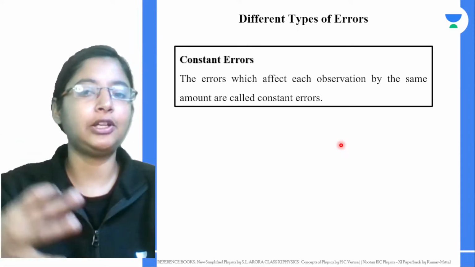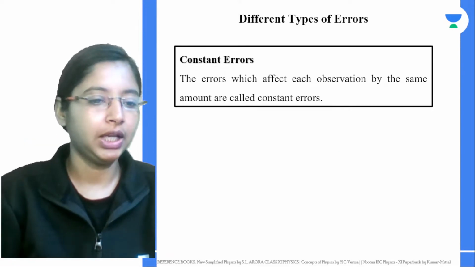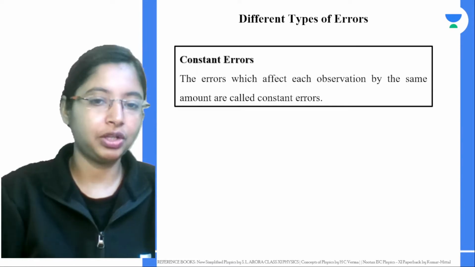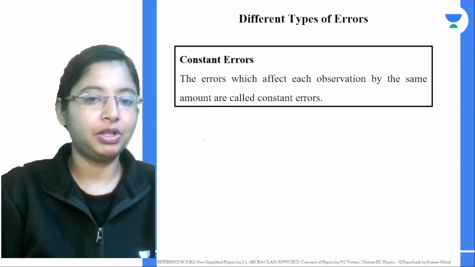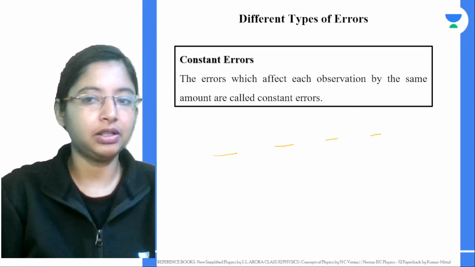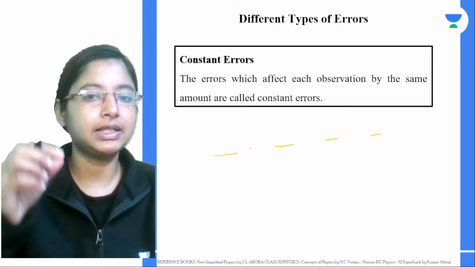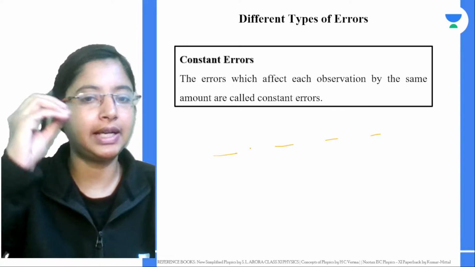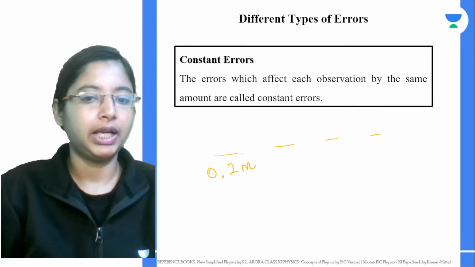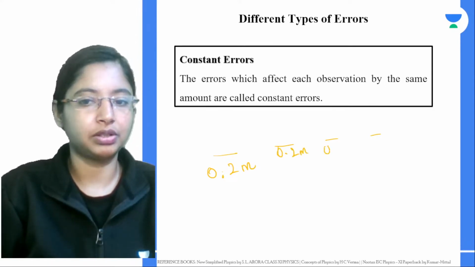All right, now when you're talking about constant errors, let's say you're doing a measurement, and you're able to see that every reading you take constantly has some error in it. The error could be around 0.2, let's say in the case of measuring the length of a rod, every time you measure, you have a constant error of 0.2 meters.